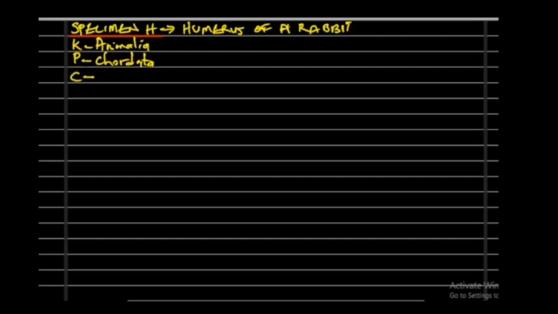The class, Mammalia. Yes, it is a chordate and it is also a mammal. The order there, we have it to be the Lagomorpha. And then the family of this rabbit is the Leporidae.